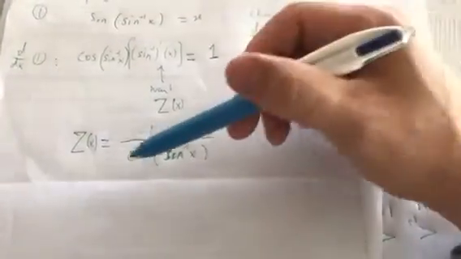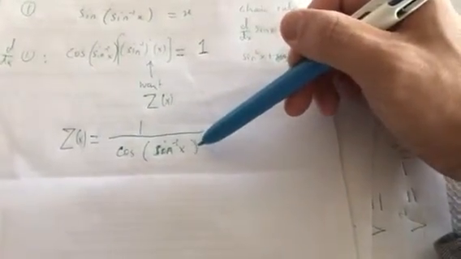Okay, so then it's just a matter of figuring out what cosine of inverse sine of x is.